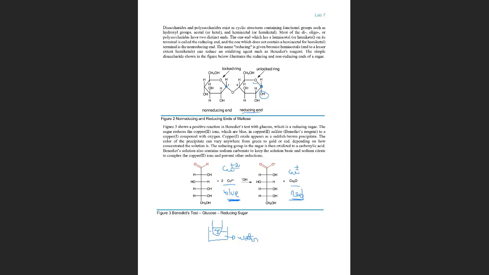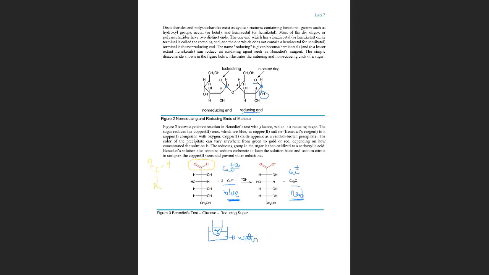reactant. Now, every time you have a reduction, you have to have an oxidation. Who is oxidizing in this reaction? Here, at the beginning, we said that this is an aldehyde group, which is a carbon that has a double bond to oxygen and one to hydrogen.